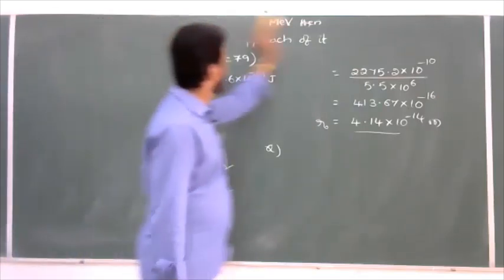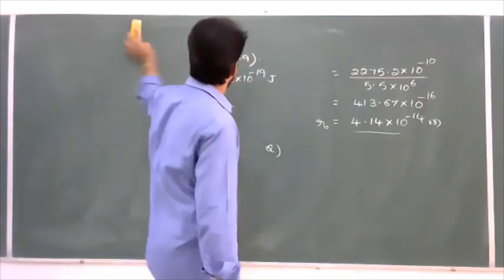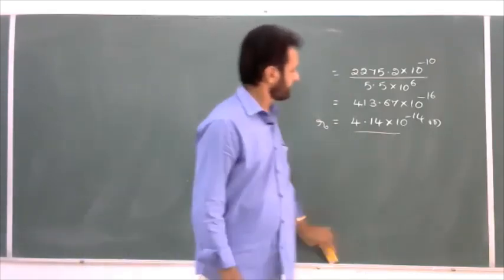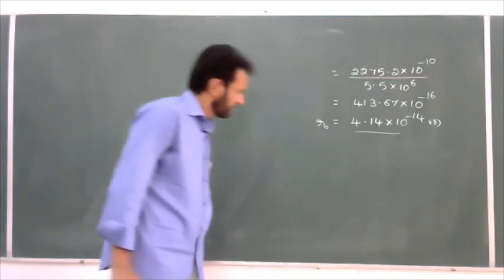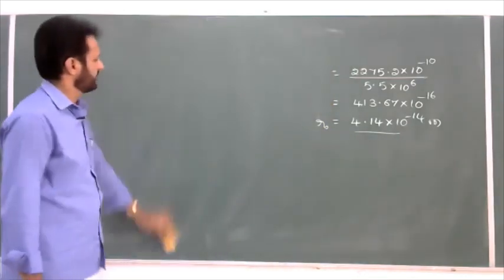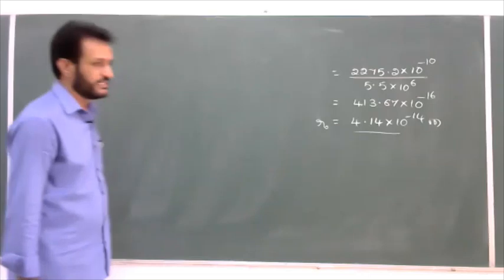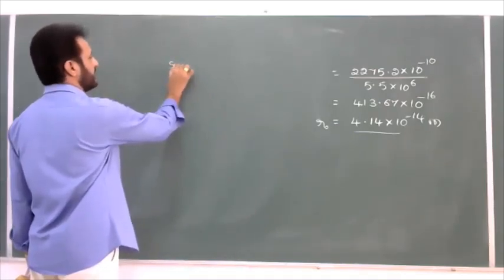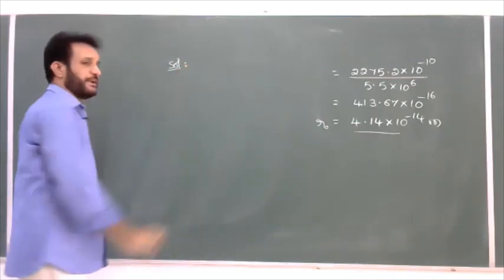So you should calculate the distance of closest approach. Read the problem carefully and check the related formula. Check what they have given. In alpha particle experiment, momentum of the alpha particle is tripled.